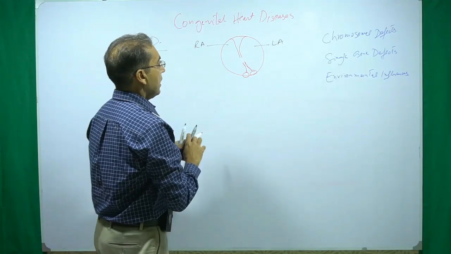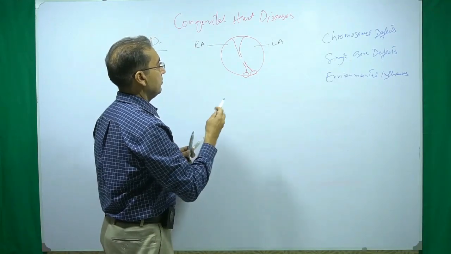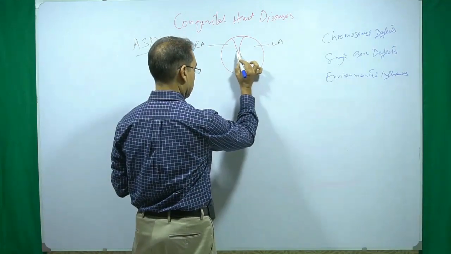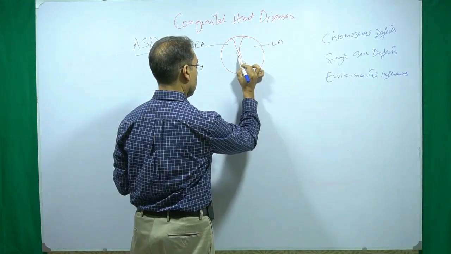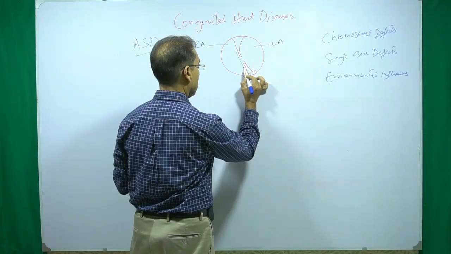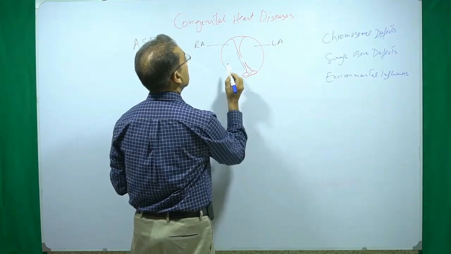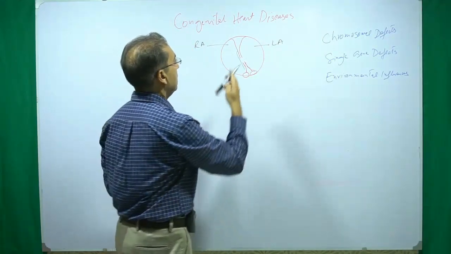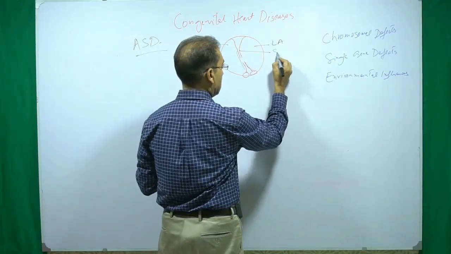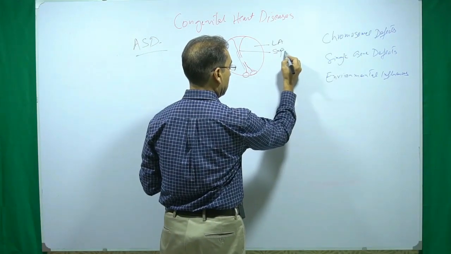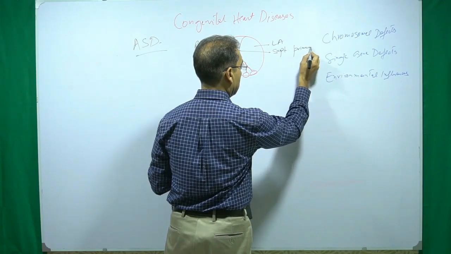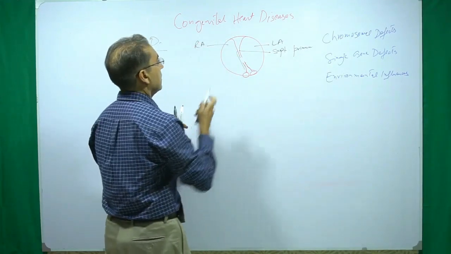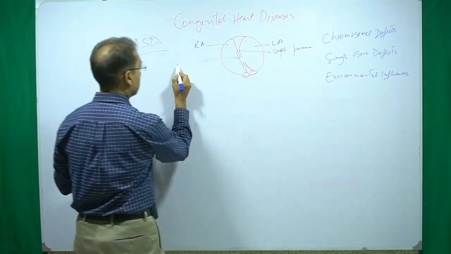Now, then another septum grows on the right side. This is septum primum. This is septum secundum.